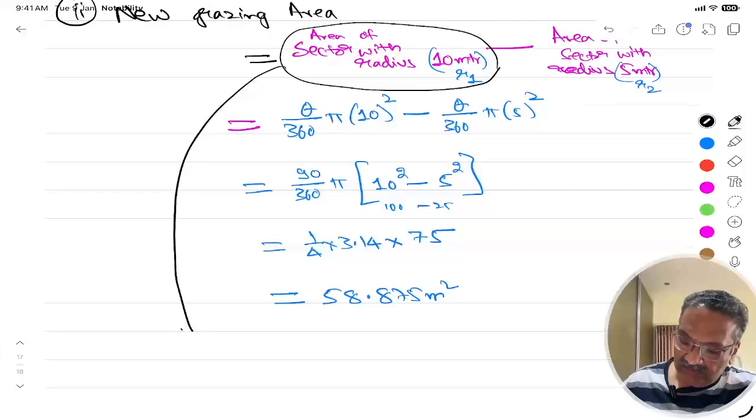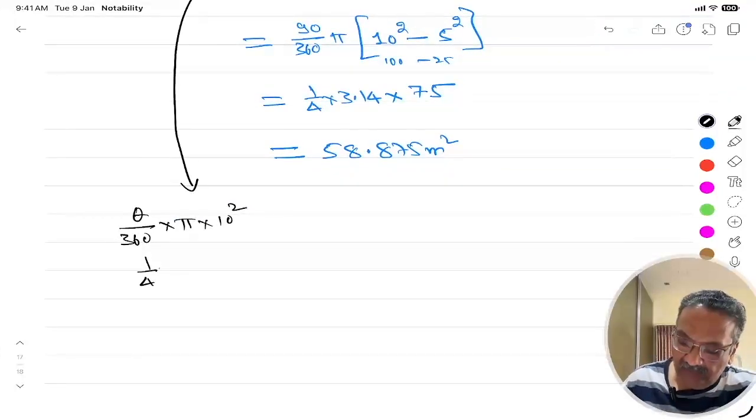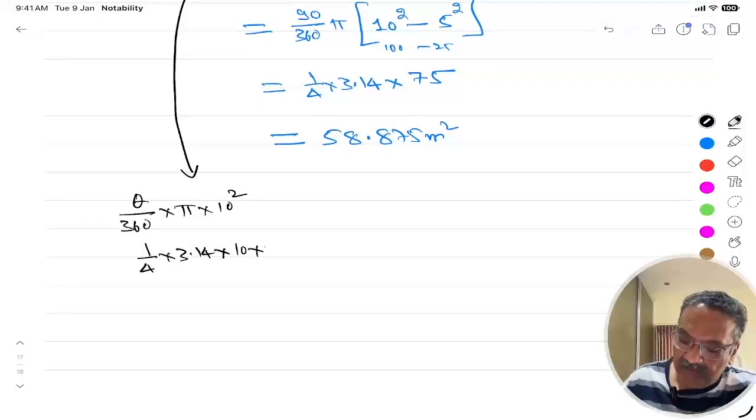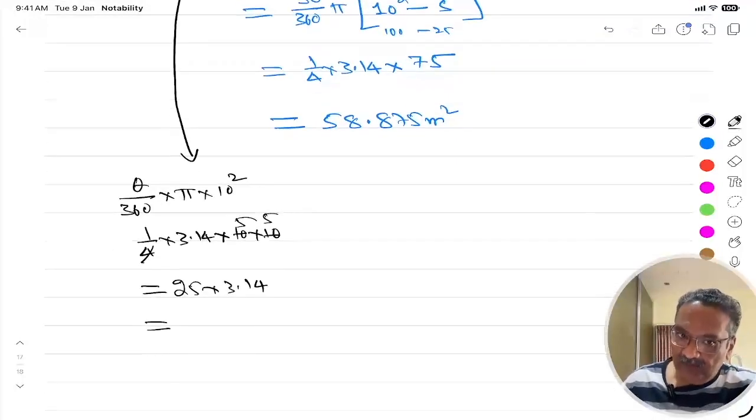Okay, what you can also do is you can also find this independently. This value will be theta by 360 into pi into 10 square, that is 1/4 into 3.14 into 10 into 10. This will be 5 into 5, which happens to be 25 into 3.14, which is equal to 78.5 meter square.